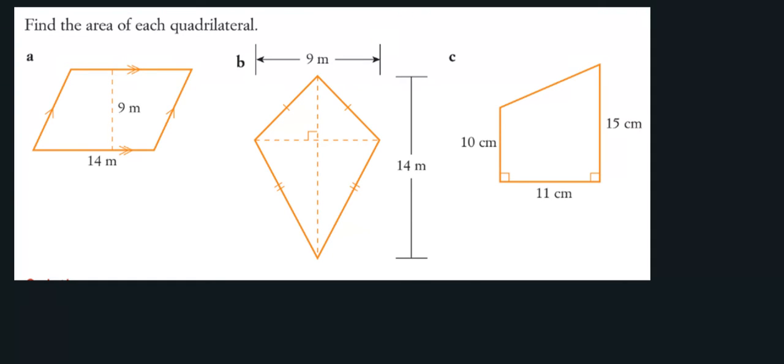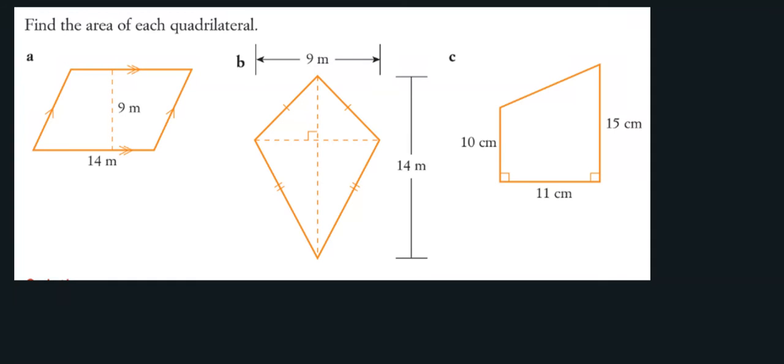Now, calculate the areas of these quadrilaterals using a structured vertical solution with the equal signs all lined up with the appropriate units. So pause the video and have a go at doing this question.